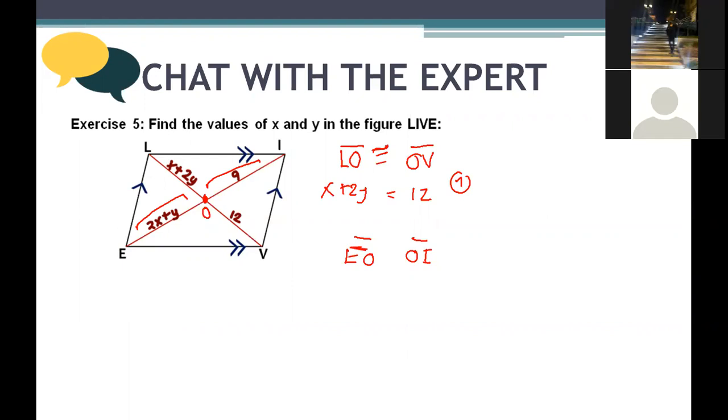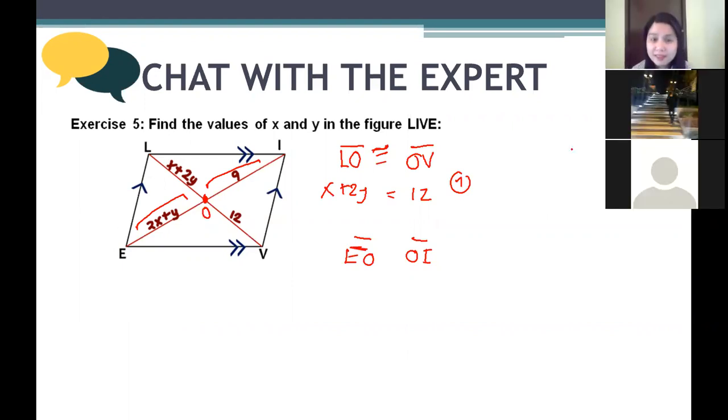Congruent, very good. What theorem supports that? What AP said a while ago, the diagonals of a parallelogram bisect each other. So EO is 2x plus y and OI is 9. Here's our second equation. Let us write the two equations here.